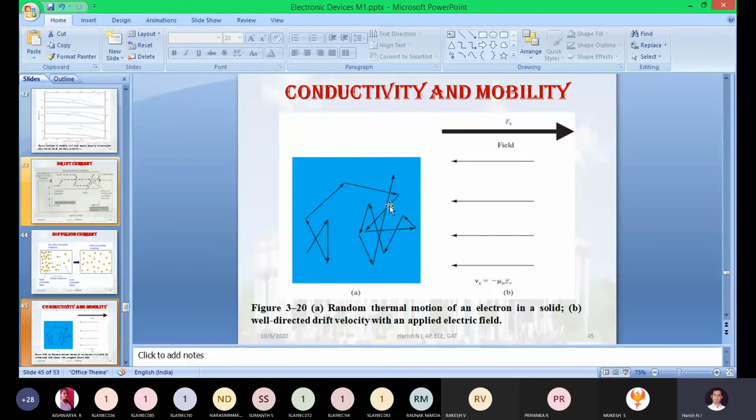That means, out of 40,000, due to the applied electric field, you can alter the direction of 30,000 electrons, but the applied electric field is not sufficient to divert the remaining 10,000 electrons. But the maximum number of electrons you are diverting to a particular direction.